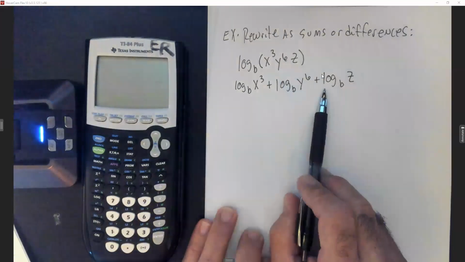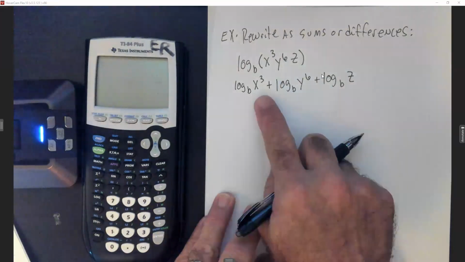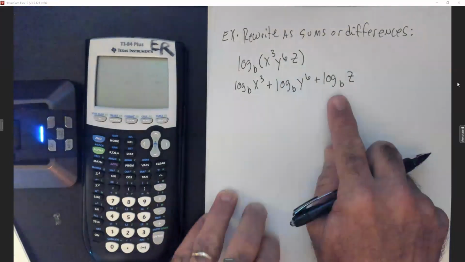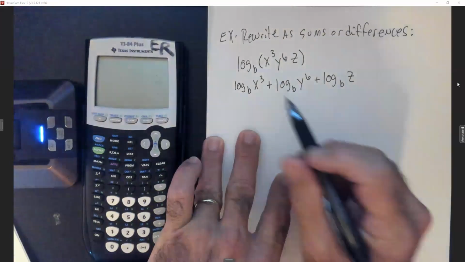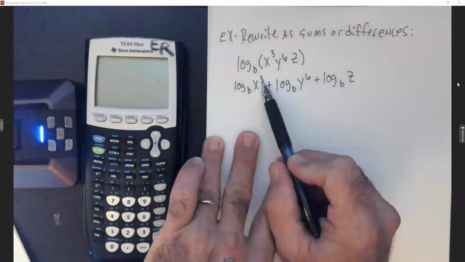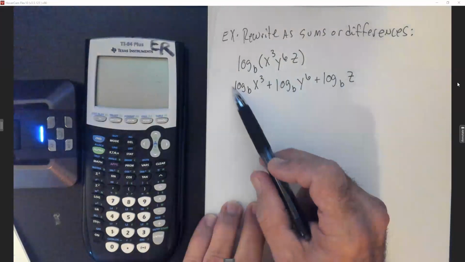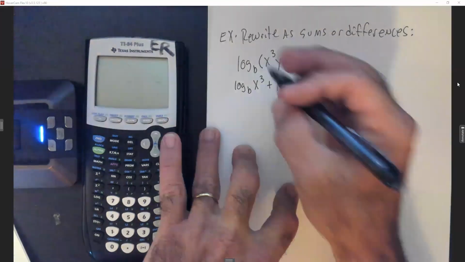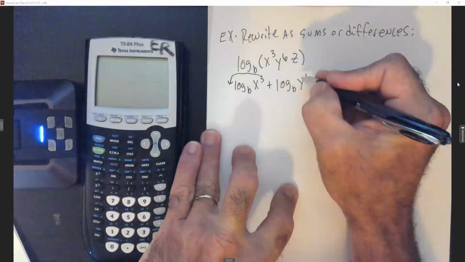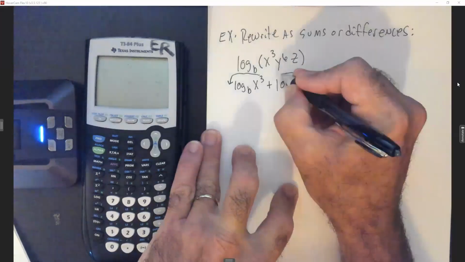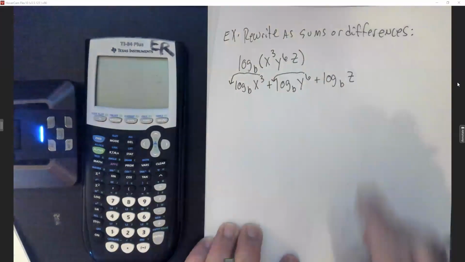Now, I've rewritten it as a bunch of sums, but y'all, there's one more thing I got to do to these. These parts where you got the exponents, we got to bring the exponents down in front and rewrite those as products. So this 3 is going to go to the front, and that 6 will go to the front of its log. The z didn't have an exponent, so we're good with it.